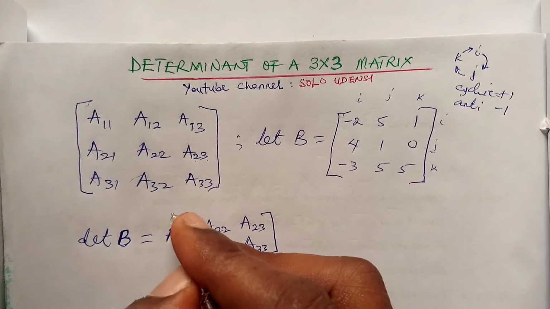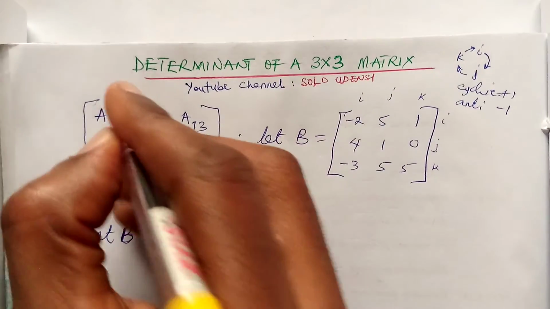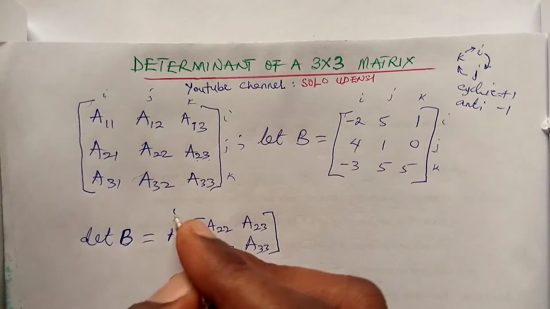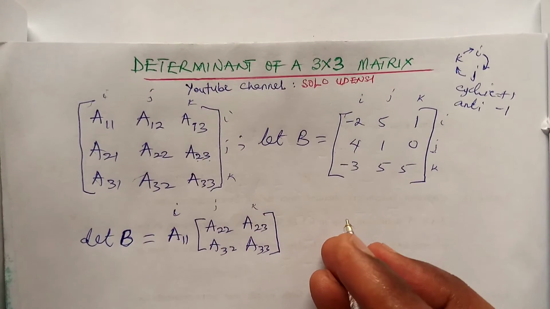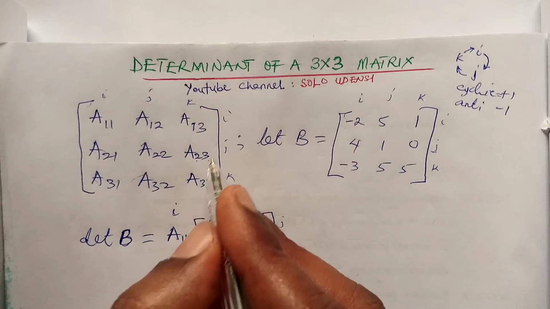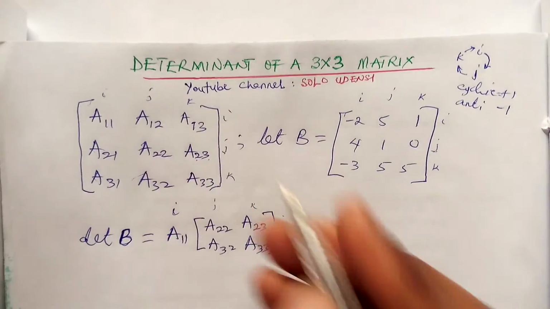Remember, this is on I. From what we have done, IJK, IJK. So IJK, if you like, that's what you have seen. See that this guy is in JK, IJK.